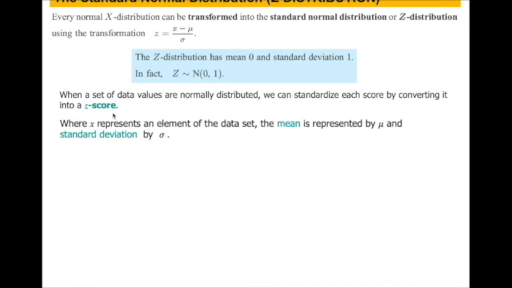So each score x can be converted into a z-score, where x represents an element of the data set. The mean is represented by mu and standard deviation by sigma.